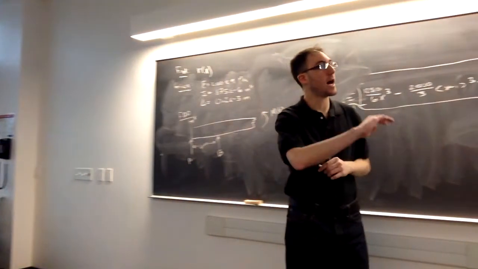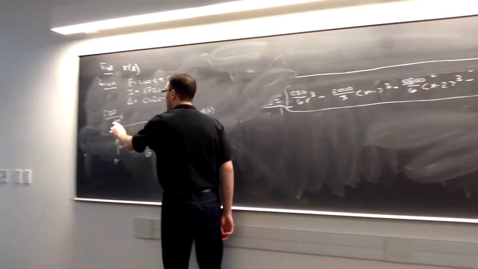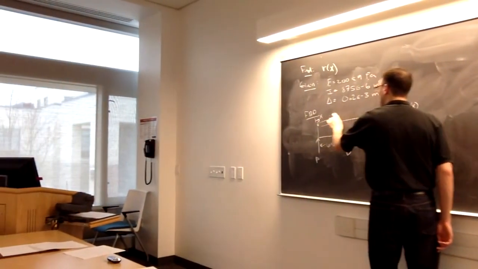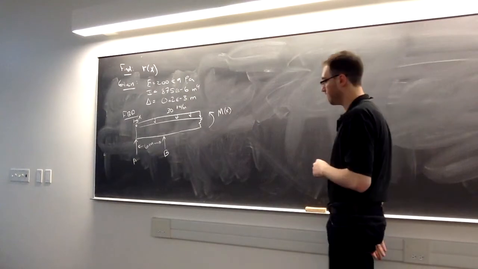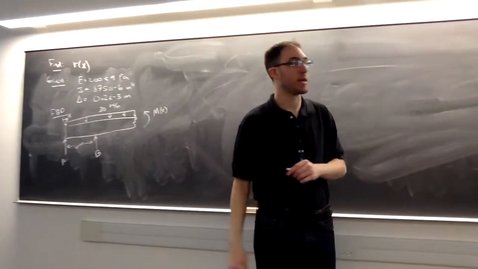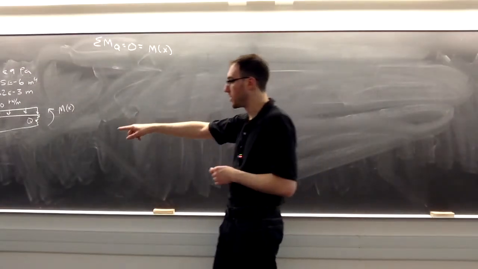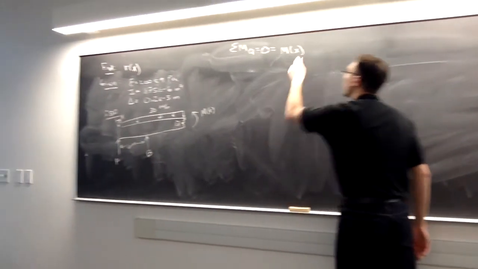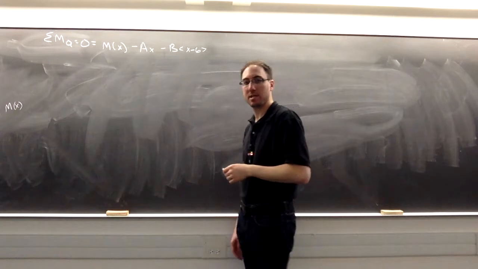And across the entire length of this, we have a 30 kilonewton per meter uniform distributed load. And we cut just to the left of C, so it does not appear in the internal cut picture. So we have our loads here, our point loads. We'll have a negative Ax minus B times x minus 6.